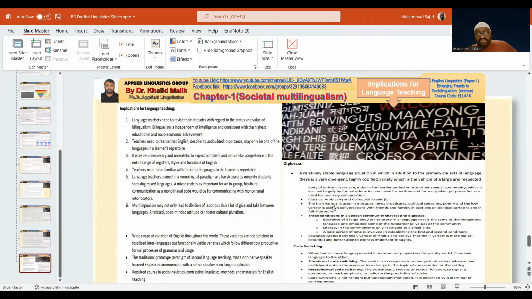Classical Arabic and colloquial local Arabic.